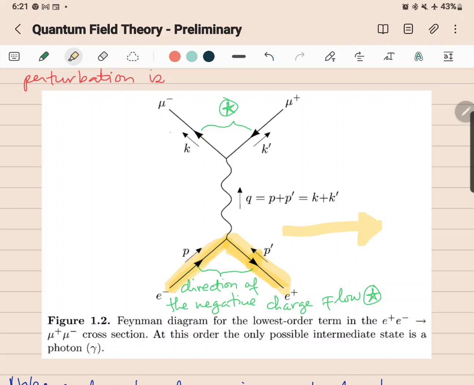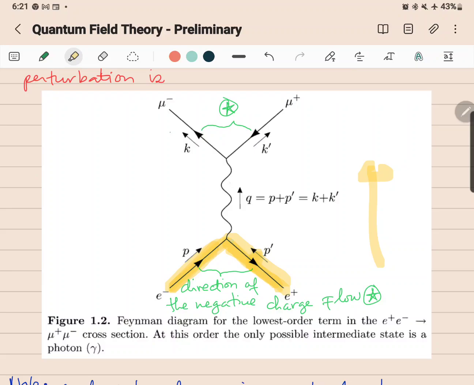Oh, I'm sorry, the time direction would be here, because you have the initial here and the final here, which is just the production of muons. So this is the time, and so your electron is coming parallel with time, and the positron is coming anti-parallel with time.